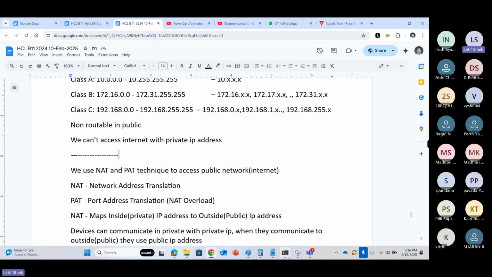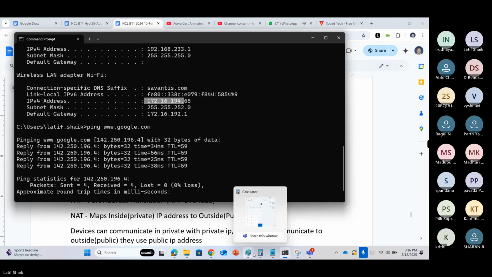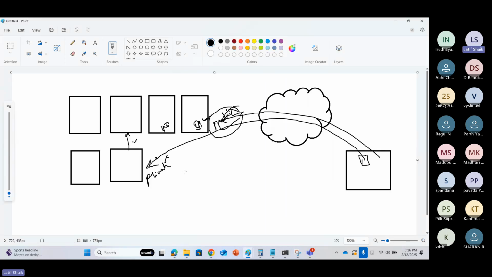My IP address is private, but I'm accessing internet resources, publicly available things that are not in our organization. We are accessing them. How? Mine is private, but I'm accessing publicly available things.